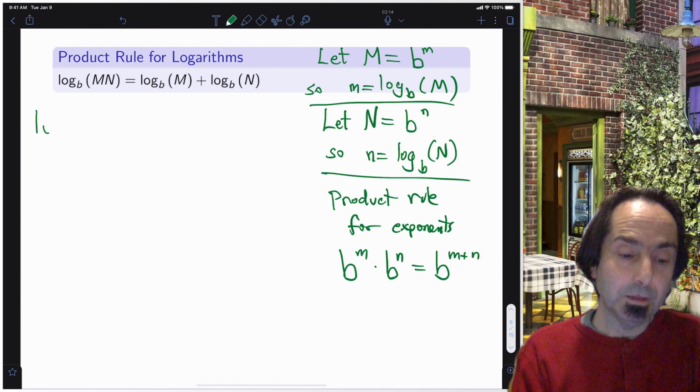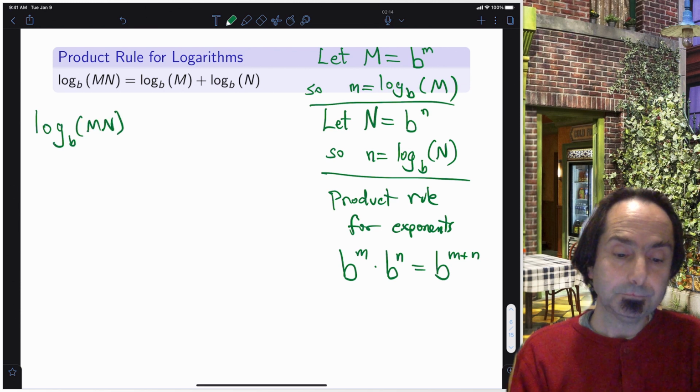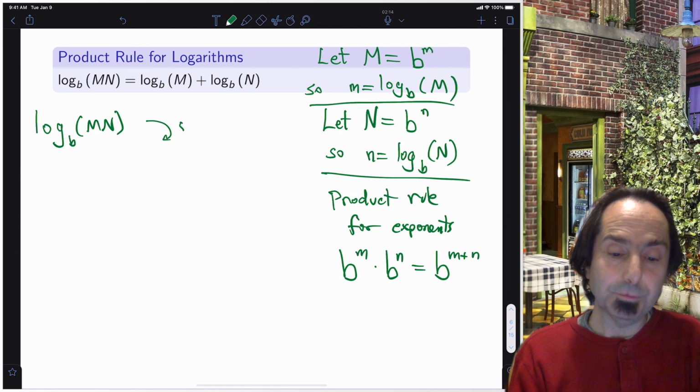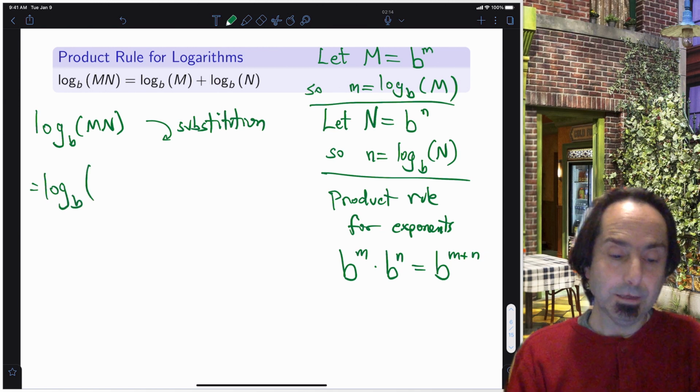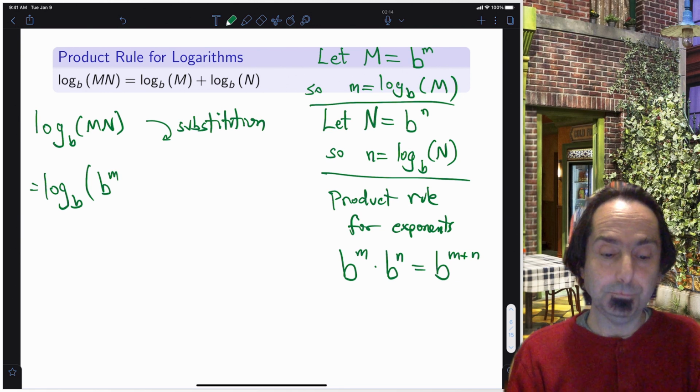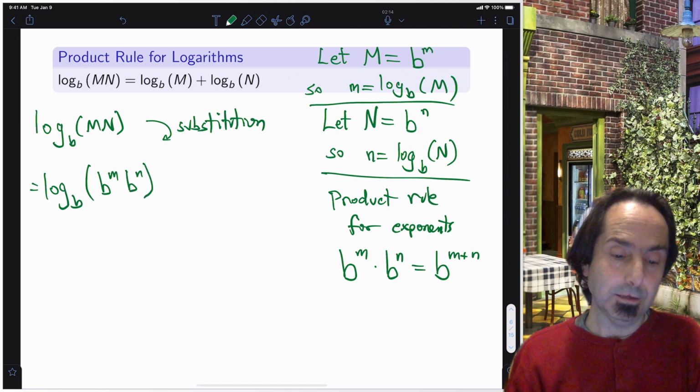So here we go. Log base b of MN. We're going to do a substitution, and we're going to get log base b of, well, big M is b to the m, and big N is b to the little n.